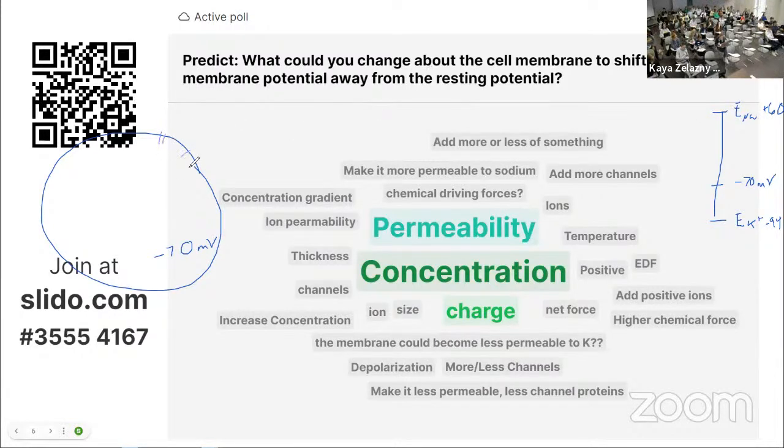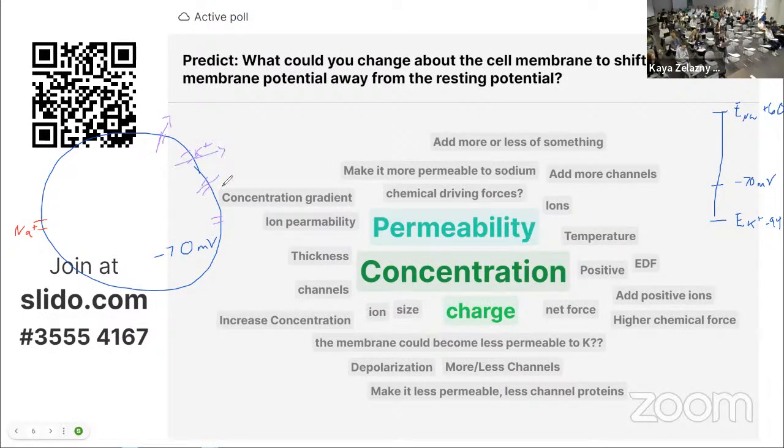We have 25 times more of those potassium channels than we have of our sodium channels. Most of our drawings only have one for the sodium versus a lot for the potassium. So the reason we're closer to that potassium equilibrium potential is because the membrane is more permeable to potassium. So more potassium can physically get through that membrane.